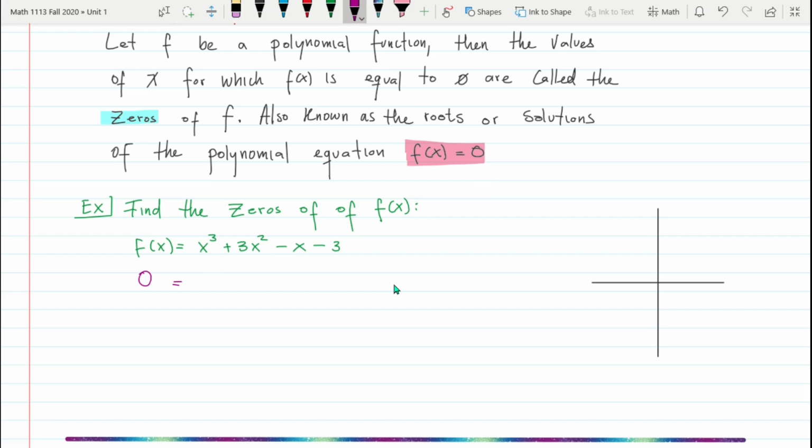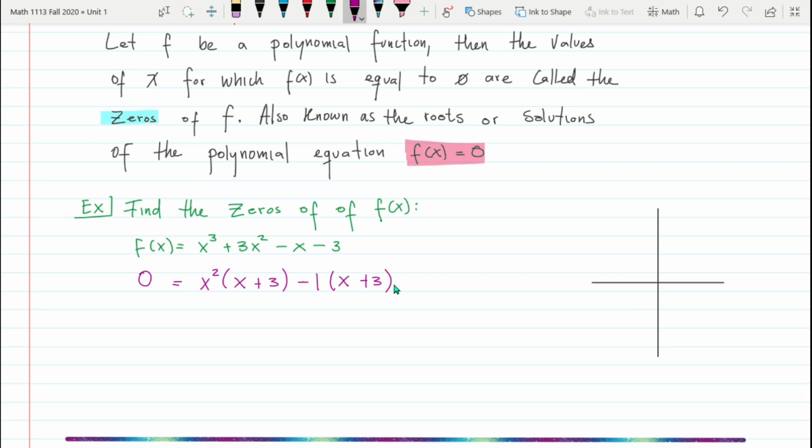And so now we're going to pull x squared out of this piece right there, x to the third plus 3x squared. We're factoring out the x squared. Then we're going to factor out a negative 1 from here so that we can get an x plus 3 as well.